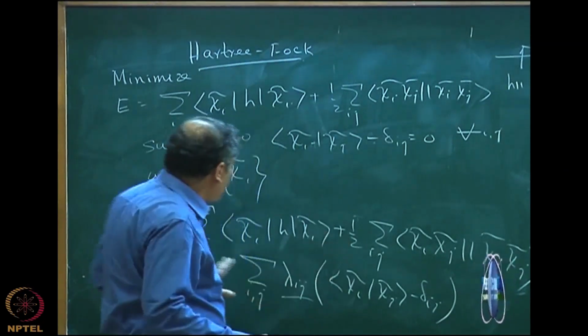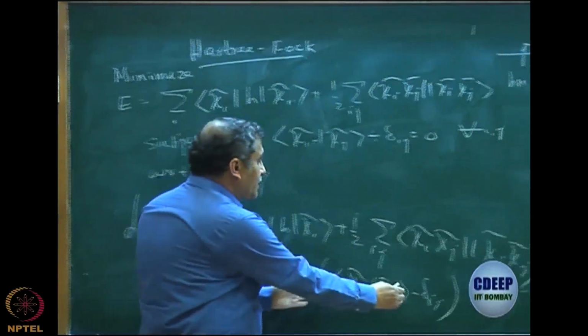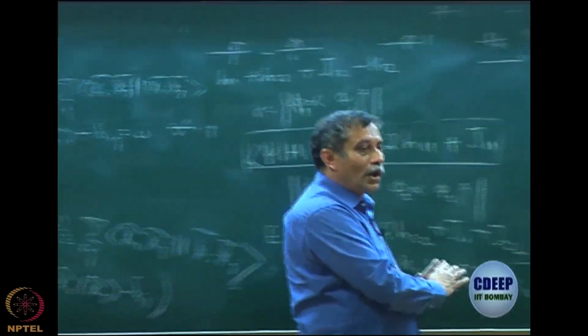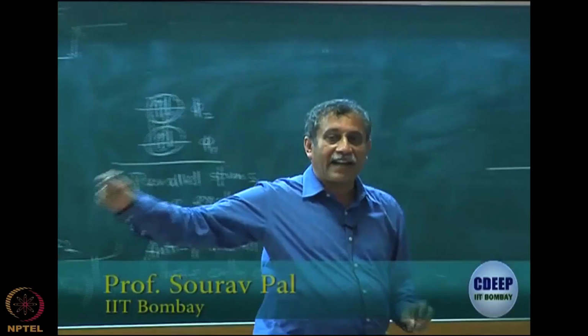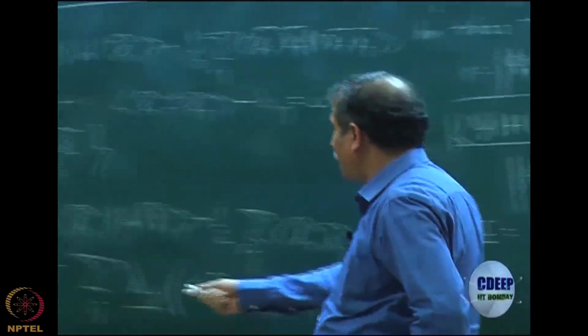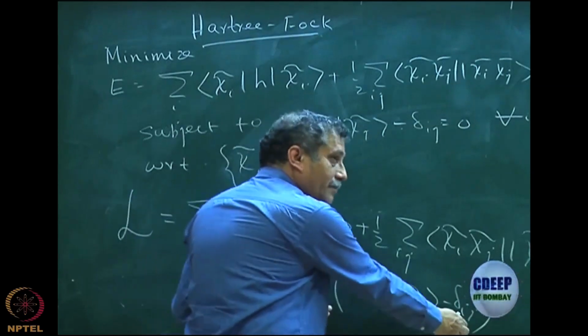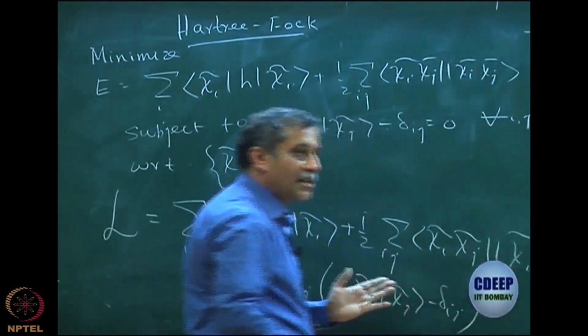It is very clear that the variation with respect to lambda Ij will merely give me this equation equal to 0. So automatically the condition is satisfied, and that is the basic idea of the Lagrange multiplier. If I vary this with respect to lambda Ij, what will be the first order variation? The first order derivative will be just this, because lambda does not appear here. It's a partial derivative.